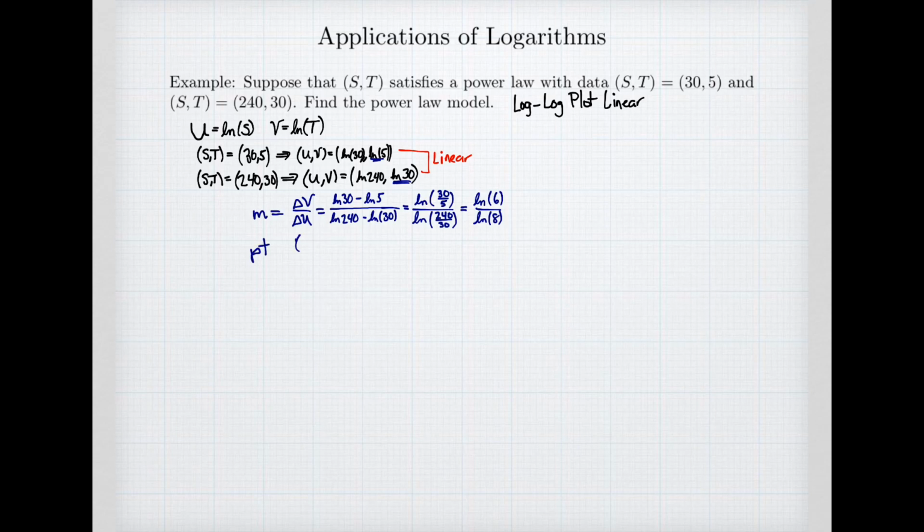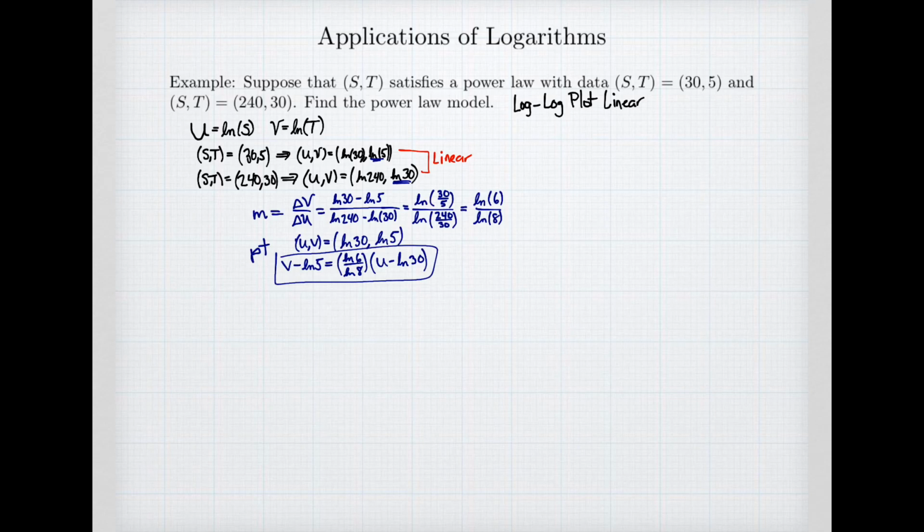From earlier we had u, v equals natural log of 5 and natural log of 30. So for the equation of my line, the easiest to find is v minus the v value, natural log of 30, is the slope times u minus the u value, natural log of 5. All right, this is the equation of the line in the u, v coordinates.